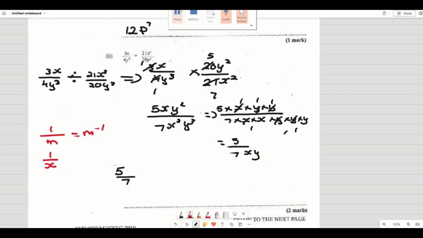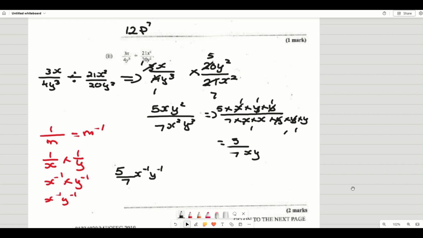So 1 over x multiplied by 1 over y would be x to the negative 1 multiplied by y to the negative 1. So this will be 5 over 7, x to the negative 1, y to the negative 1. So this is 2 ways that you can express your answer, and that is it.